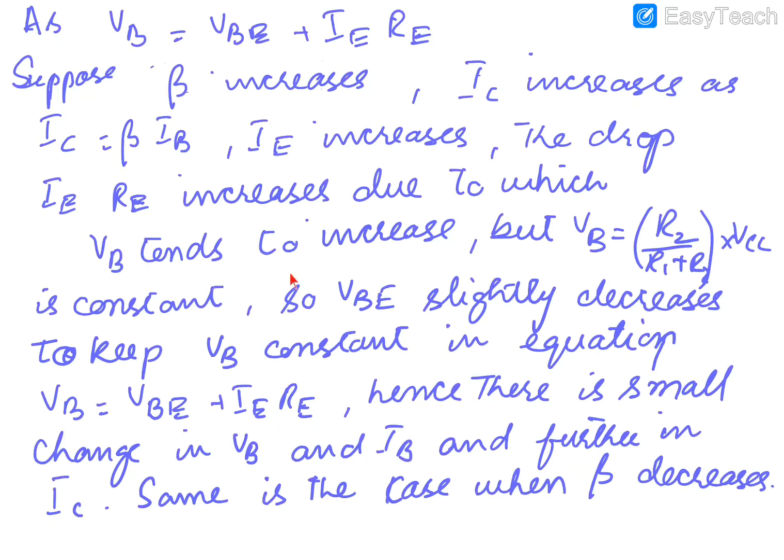The same process will be followed, and also when the value of VCC or the value of R1 or R2 changes, the value of VBE almost remains constant. So this circuit is much more stable as compared to the fixed bias circuit due to the addition of R1, R2 and RE.